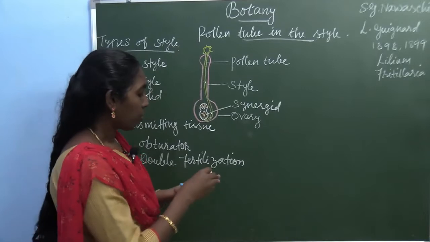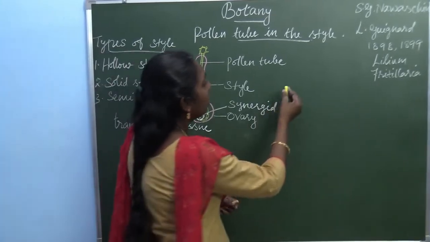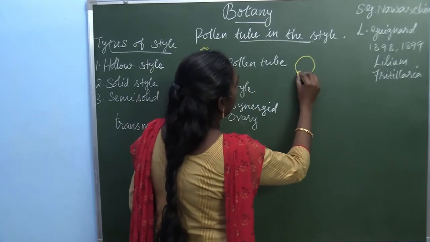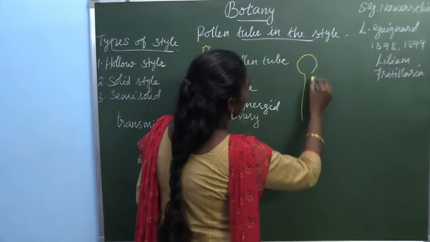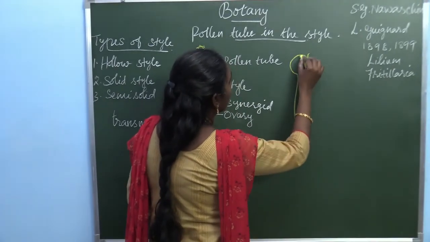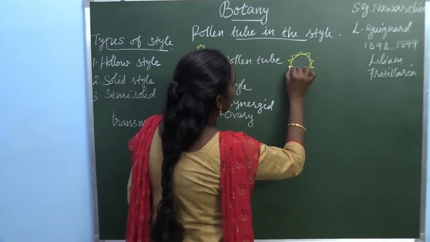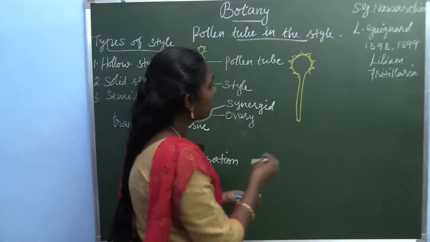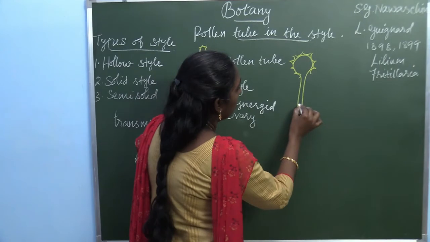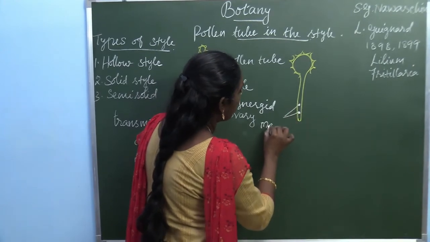So, let us see the process of this double fertilization. This is the pollen, this is the pollen tube. This pollen contains 2 male gametes. These are the male gametes.